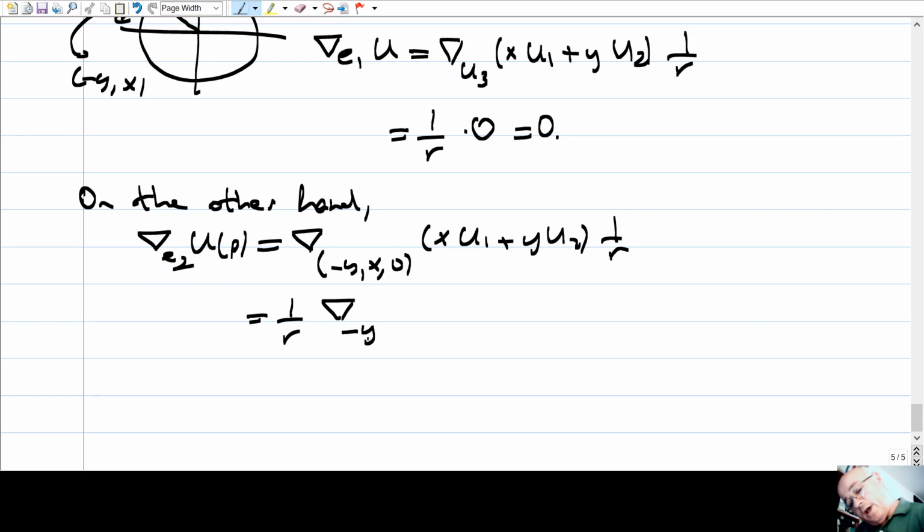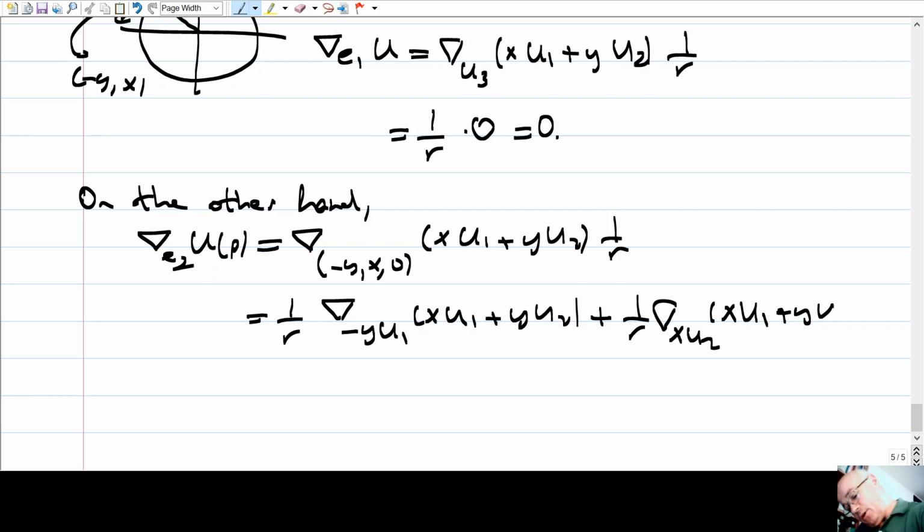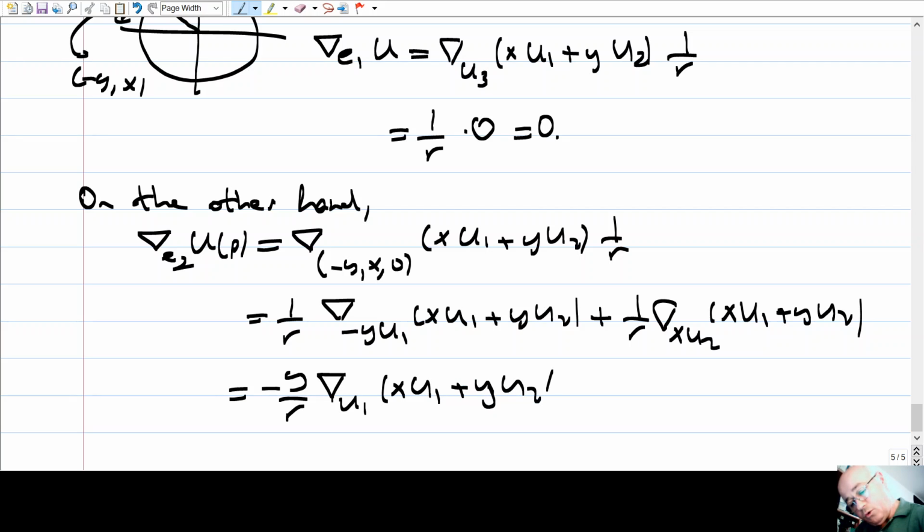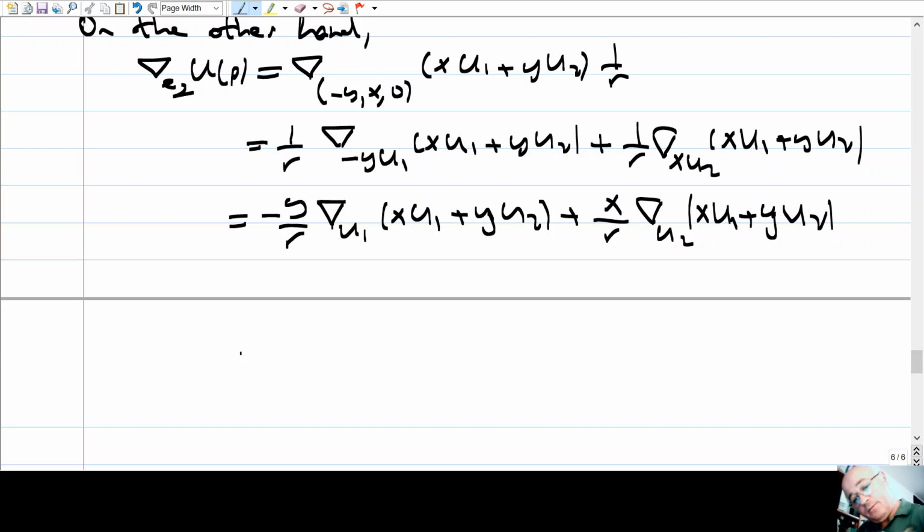So this is minus y times the derivative along U1 of x U1 plus y U2, plus x times the derivative along U2 of x U1 plus y U2, all over r. All right, so this is minus y over r times the covariant derivative along U1, plus x over r times the covariant derivative along U2.